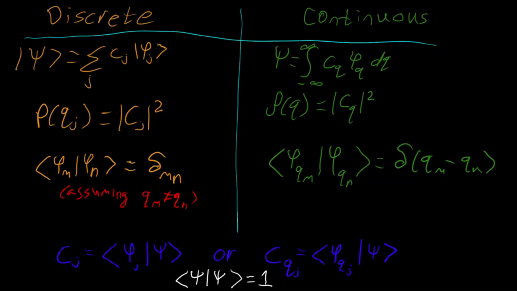In the continuous basis, we have this wave function psi equaling the integral from negative infinity to infinity. Remember, adding up all the little possible values of this observable quantity q. And this c sub q we found has a lot of the times been actually expressing the function in the q basis.